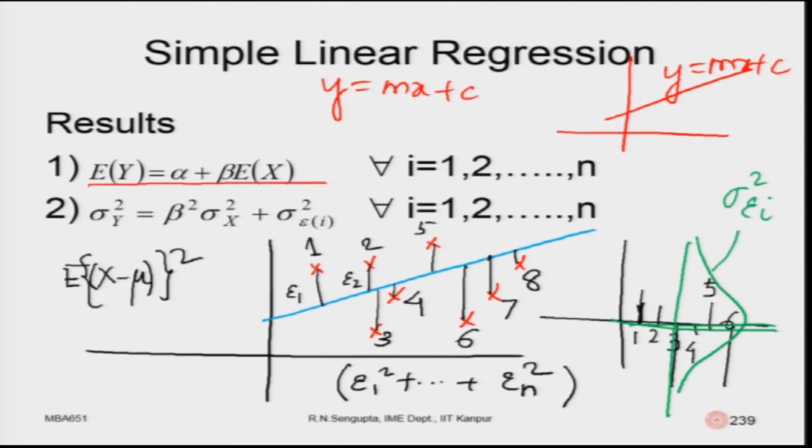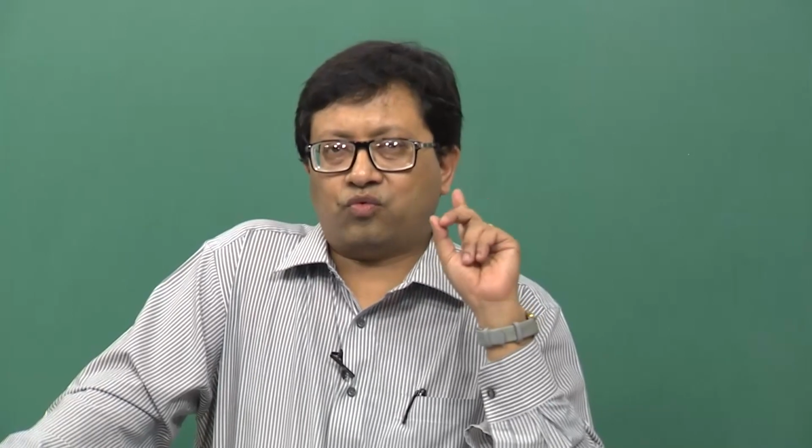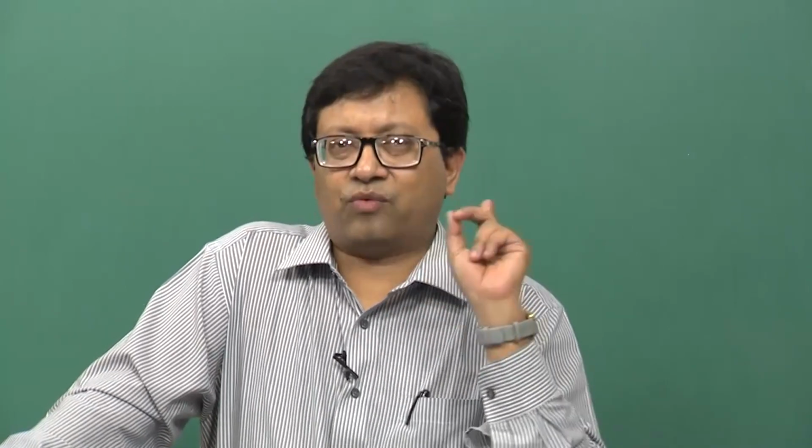If you remember, when we were discussing alpha and beta, we said that given x1 to xn and y1 to yn, we want to predict the forecasted value of y in the (n+1)th period, compare that with the actual y at the (n+1)th period, and find out how this error matches.